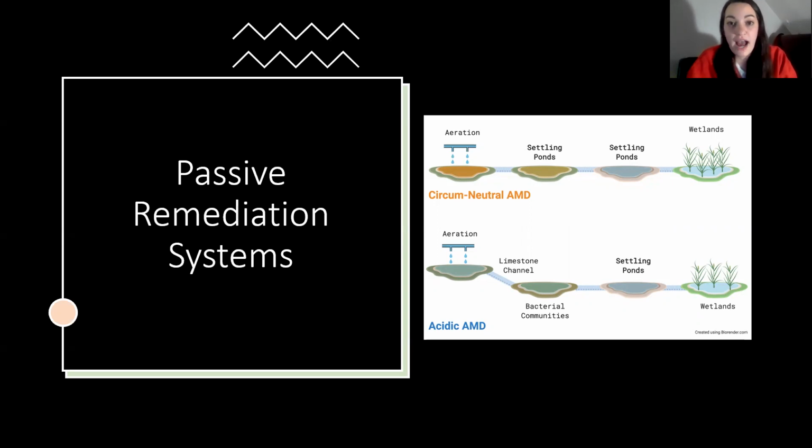For example, if we have contaminated acid water we're trying to remediate, our system is going to have a limestone channel in it that is going to raise that pH. Whereas if the contamination wasn't acidic, if it was circumneutral, we're not going to have those limestone channels, because it's already at a higher pH.